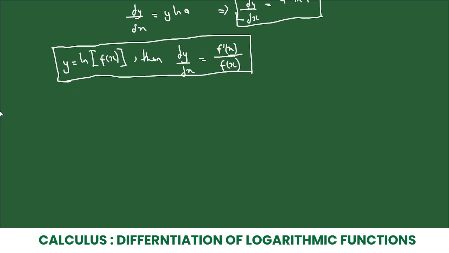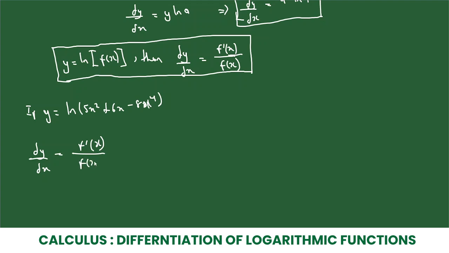So let's take an example. If I have y equal to the natural logarithm of 5x squared plus 6x minus 8x to the power 4, we know that dy over dx is equal to the derivative of the function divided by the original function.